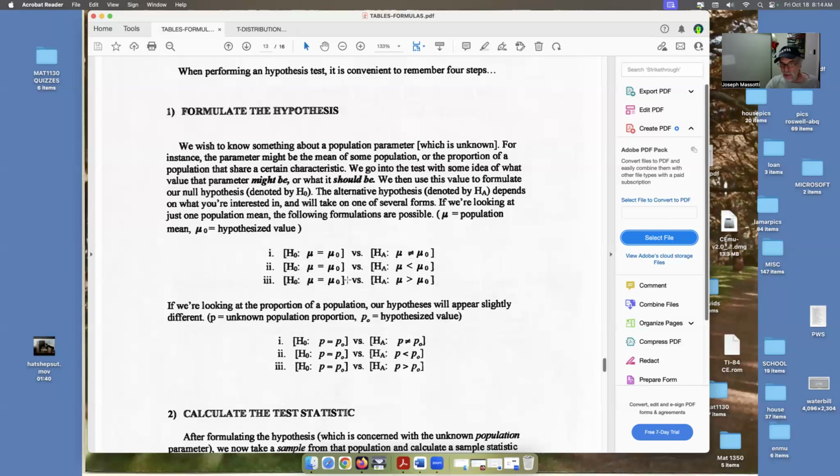So that sometimes is the most challenging part of a hypothesis test, figuring out what the question is, what you're trying to show. So once again, you go into a test with an idea about a mean or a population proportion. You're going to stick with that idea unless the evidence that you see, which is going to take the form of a sample.